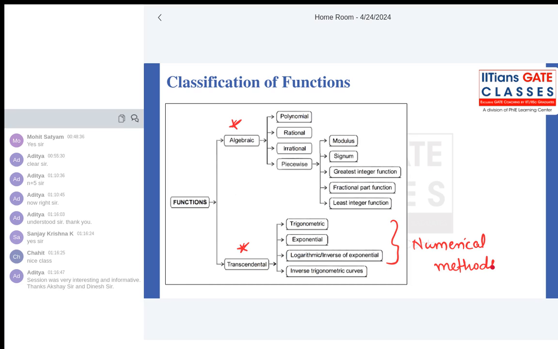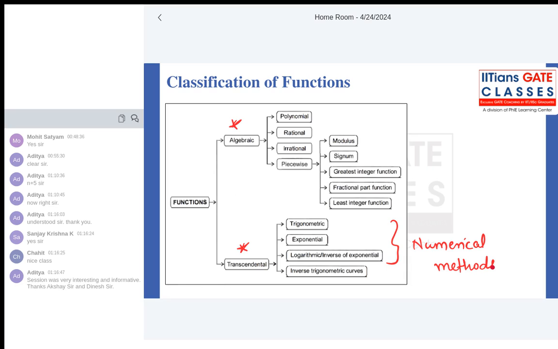So you have to take help of numerical methods. You'll see when we discuss numerical methods that most of the time when you have a transcendental function, you cannot directly integrate it using the standard rules, and you then shift to the trapezoidal rule or Simpson's rule, etc.